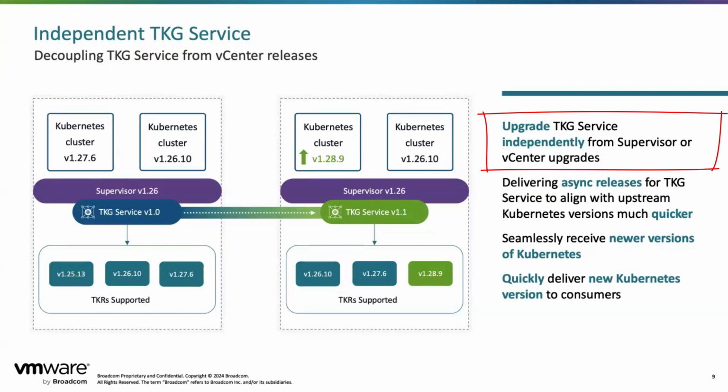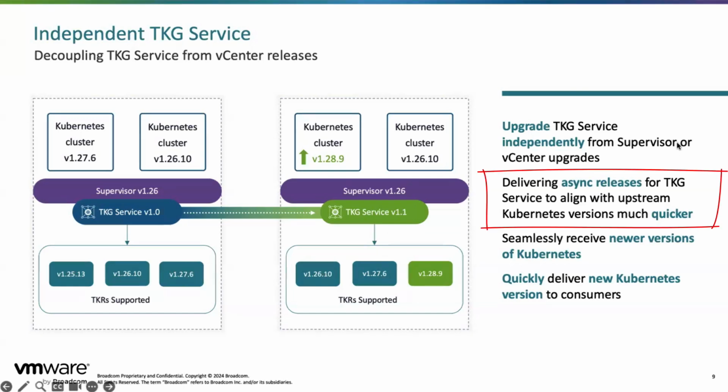Previously, to get a new Kubernetes version, users needed to upgrade vCenter, and vCenter has a lot of compatibility matrices with other components. This has always been difficult, so consumers couldn't get the latest Kubernetes version. Now we can deliver asynchronous releases of the TKG service, helping us align much quicker to upstream Kubernetes versions.